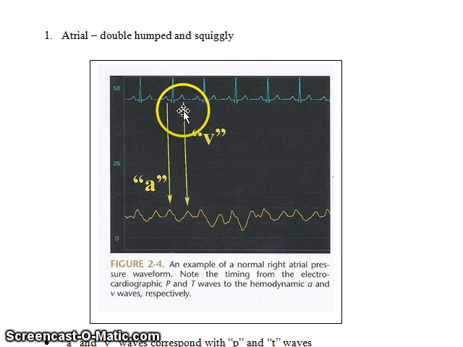The other time is during the T wave, when the heart is at rest, and so those atria are filling when the heart is at rest. So double humped, meaning the two times where the atria are increasing in pressure. When the atria contract, that goes along with the P wave, and when the entire heart is at rest, which goes along with the T wave. So double humped and squiggly.